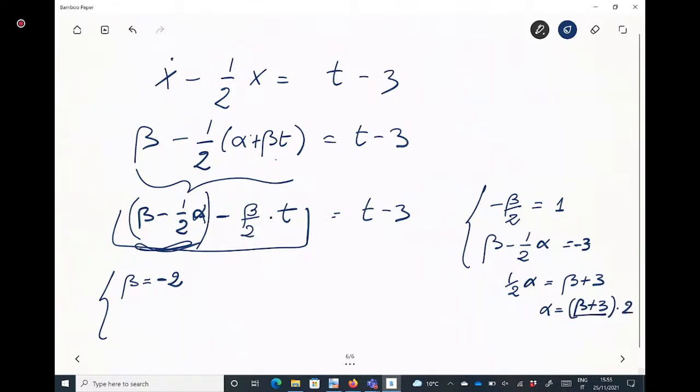Okay? So this is the second equation written in this way. If beta is equal to minus 2, alpha is minus 2 plus 3, which is 1, times 2. It's 2. My conjecture was right. There exists a linear function of the type alpha plus beta t with alpha equal to 2 and beta equal to minus 2 that satisfies the differential equation. Okay? So my particular solution is equal to 2 minus 2t.